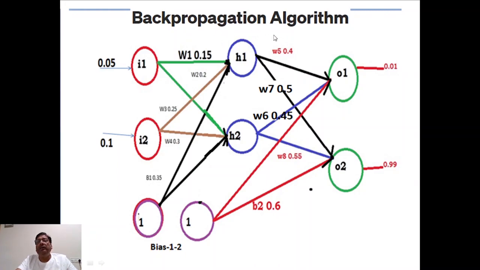In that way, we train our system so that, in the end, the target output and the output we generated are very near to each other. In this process, we may need to change these weights, like W5, W6, W7, W8 along with W1, W2, W3, W4, multiple times.